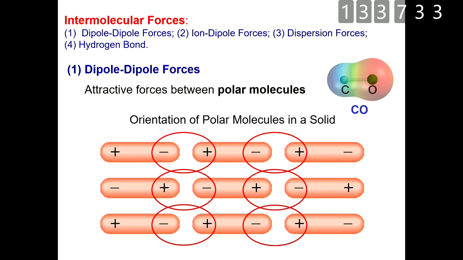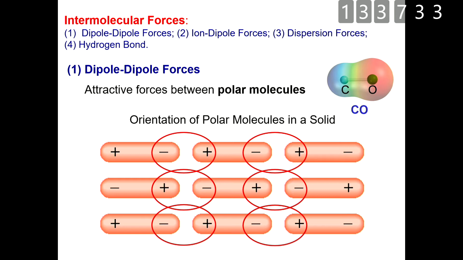Okay, so now we know that intramolecular force is the bond, right? We introduced bonds in the last two chapters. Here we introduce intermolecular forces. Basically there are four kinds of intermolecular forces. The first one is called dipole-dipole forces. The second one is ion-dipole forces.